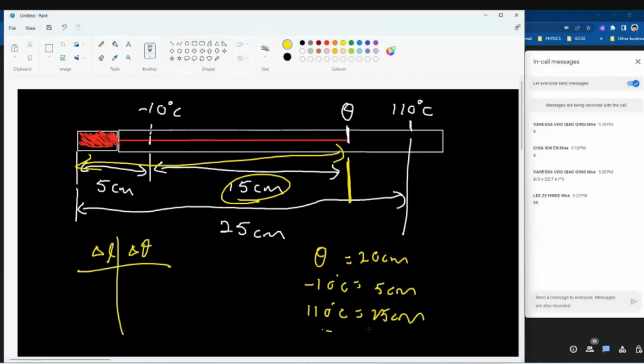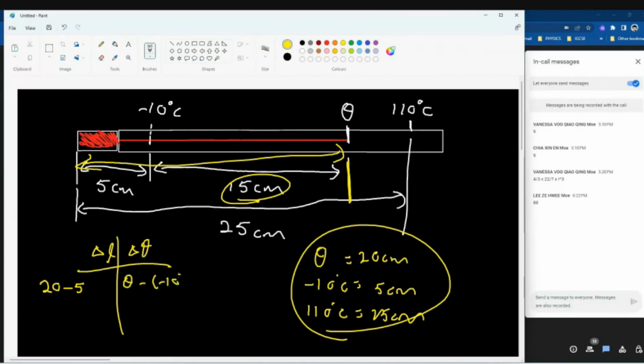This is only the length referring to a particular temperature, but to solve it, make sure you find the change. So if we use 20 minus 5, then it will be theta minus negative 10, which is equal to 15. Then this will equal theta plus 10.